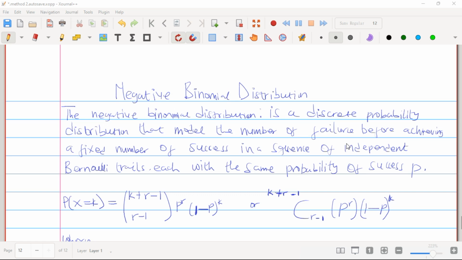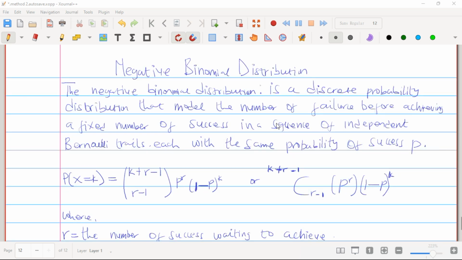When you compare it to the geometric distribution, the geometric distribution is used to model the number of failures before we achieve our first success. But the negative binomial distribution is used to model the number of failures before you achieve a fixed number of successes. And each trial is independent of the others, so one trial does not depend on the other trials, right?